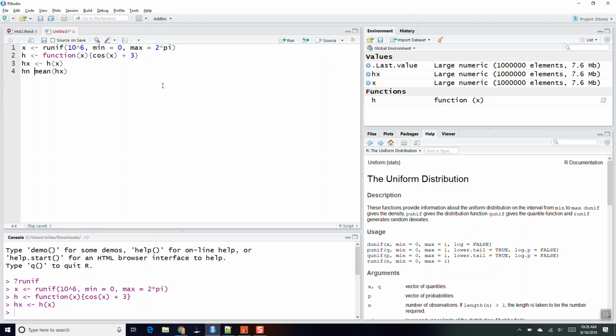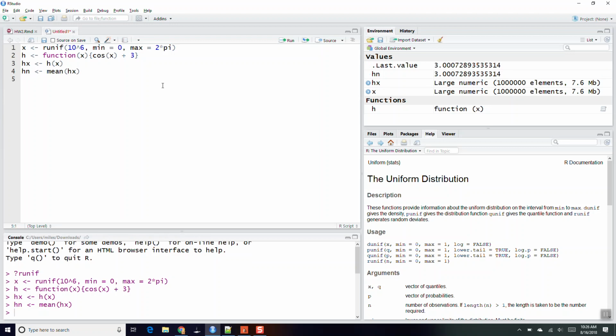I guess this will be our h bar n. And then our I hat is going to be b minus a, right? So 2 times pi minus 0 times hn.